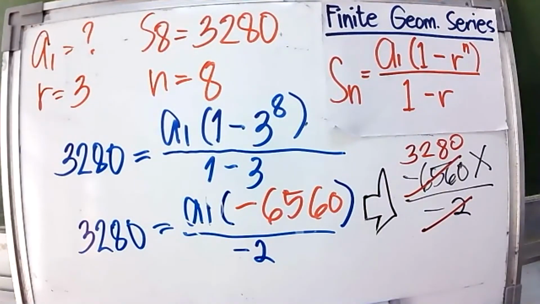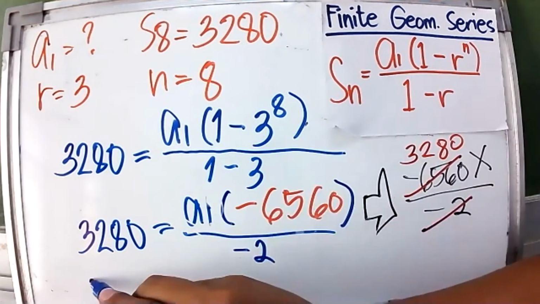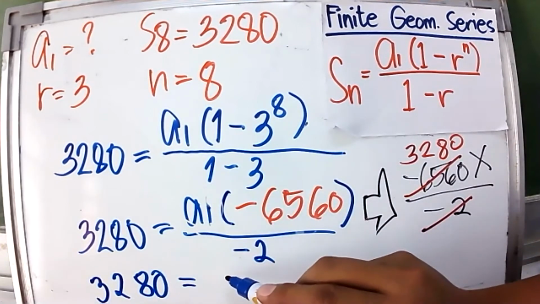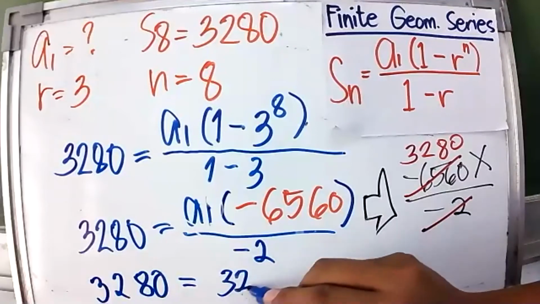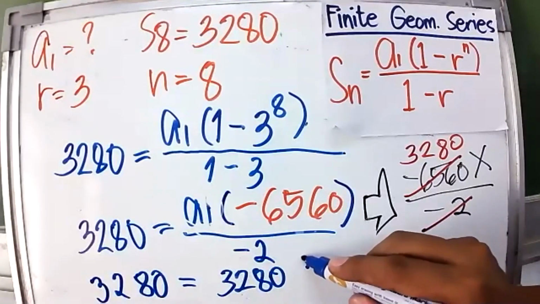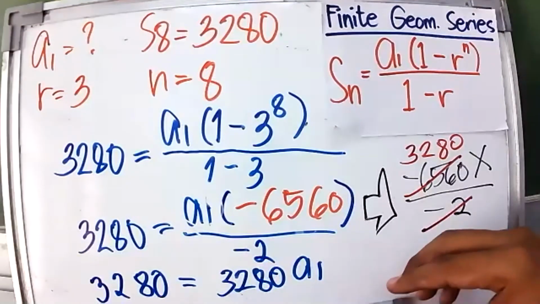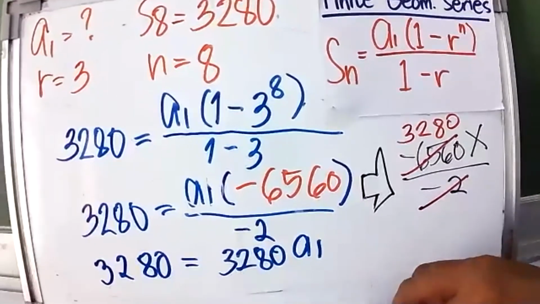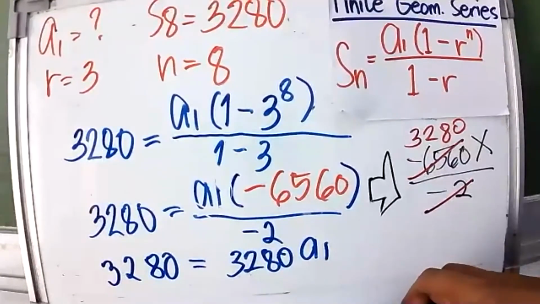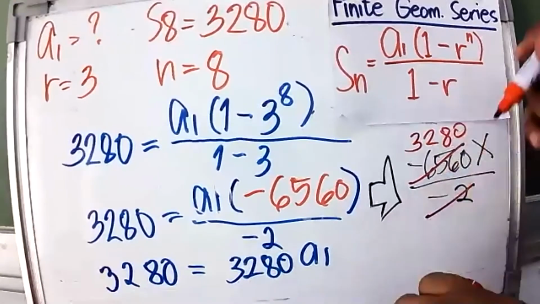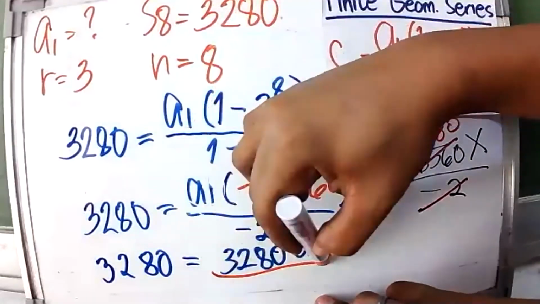Did you get it? So therefore, we will have here 3,280 is equal to 3,280 times A sub 1. Okay? And since we're solving for the value of A sub 1, what we will do here is divide both sides by the number together with A sub 1, and that's 3,280.